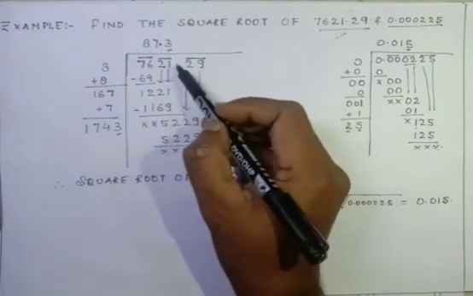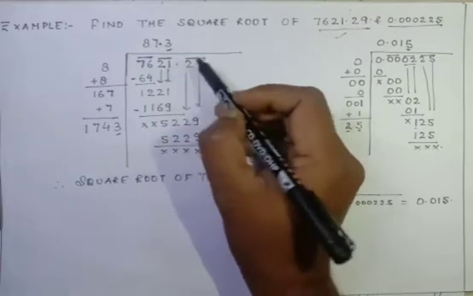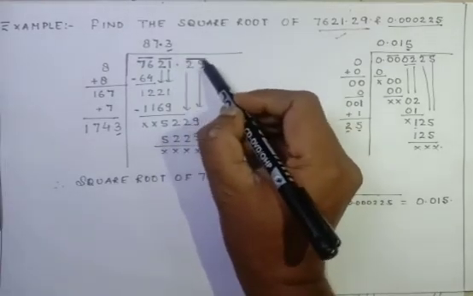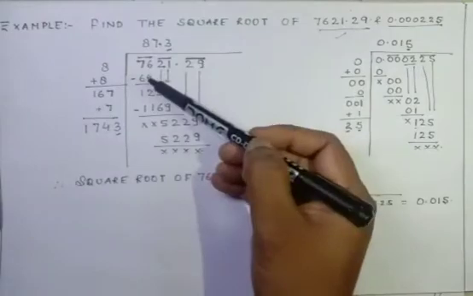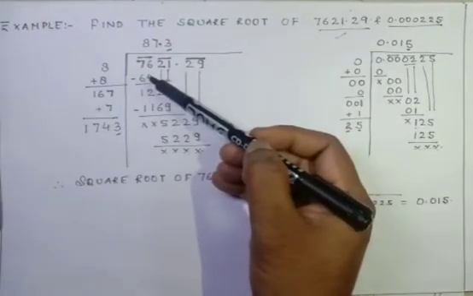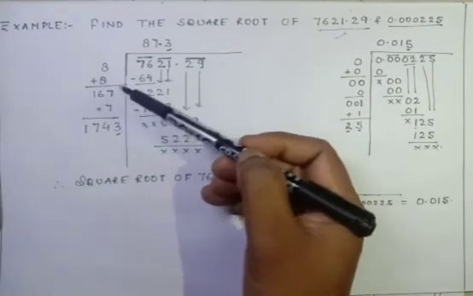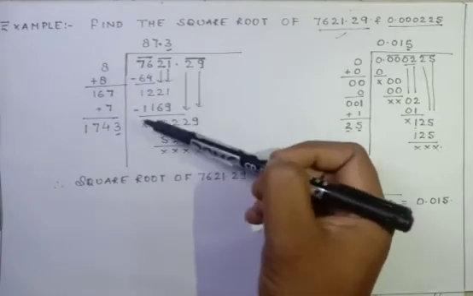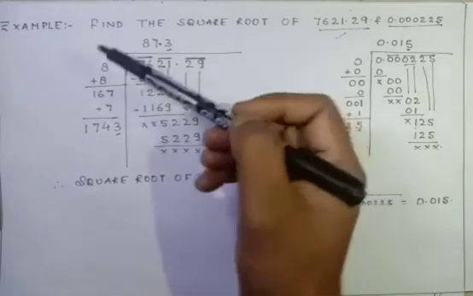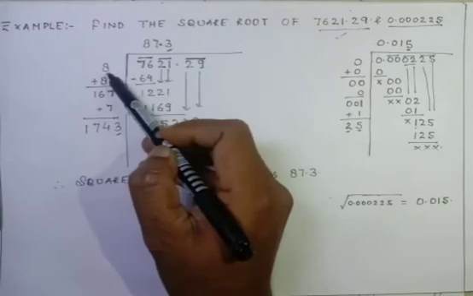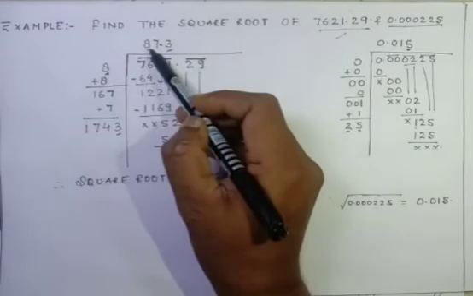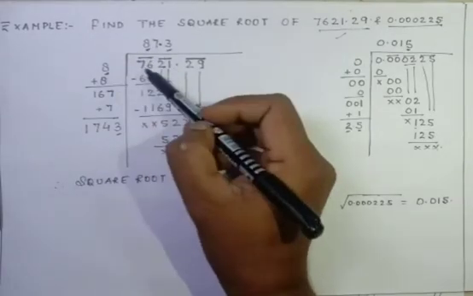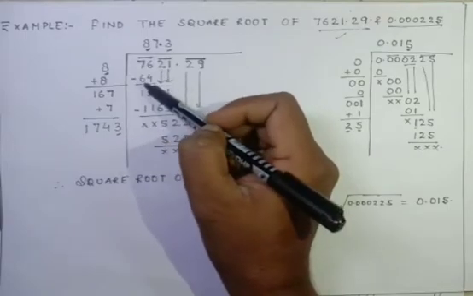For the numbers that lie after the decimal, the pairing will be 29. Now the same method that we have used to find the square root of a number, we are going to follow here. I place the same number in the place of divisor and in the place of quotient, whose product is either equal to 76 or less than 76.